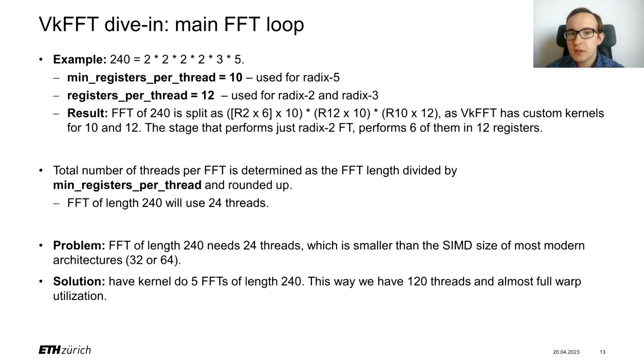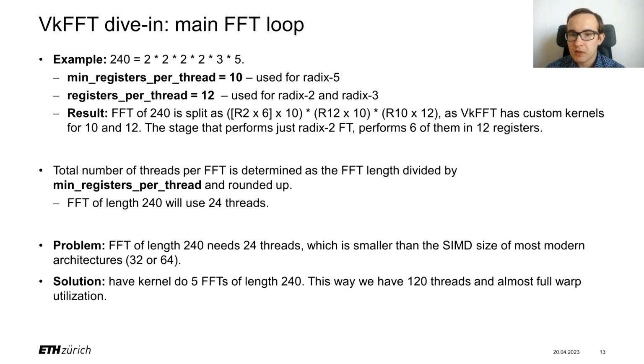As a result, the FFT of length 240 is split as 10 threads doing 6 radix 2 Fourier transforms, 10 threads doing 1 radix 12 Fourier transform, and 12 threads doing 1 radix 10 Fourier transform, as VkFFT has custom kernels for 10 and 12. Total number of threads per FFT is then determined as the FFT length divided by the mean registers per thread value and rounded up. In the example above, FFT of length 240 will use 24 threads.